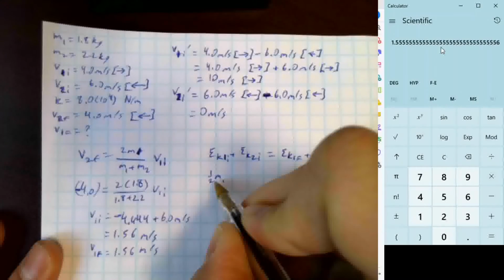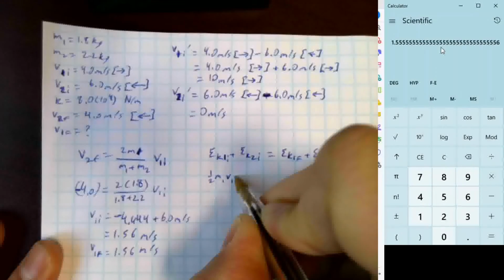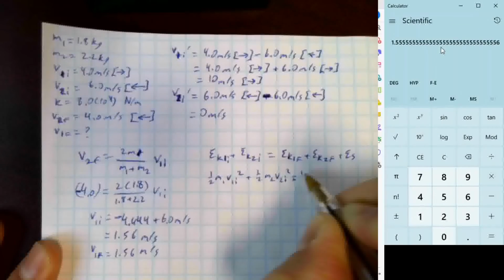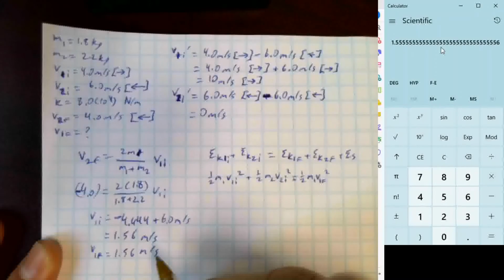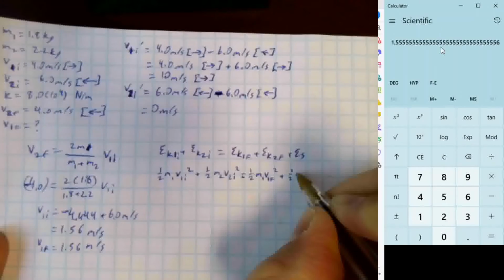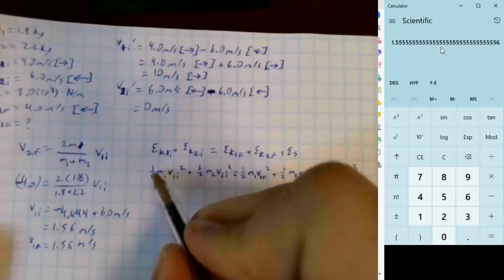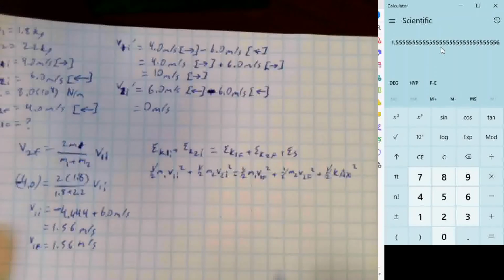So we have 1/2 M1 V1I squared plus 1/2 M2 V2I squared equals 1/2 M1 V1F squared, which will be this V1F, plus 1/2 M2 V2F squared, plus 1/2 of K delta X squared. Everything has a half, so I'm just going to multiply everything by 2, get rid of those halves.